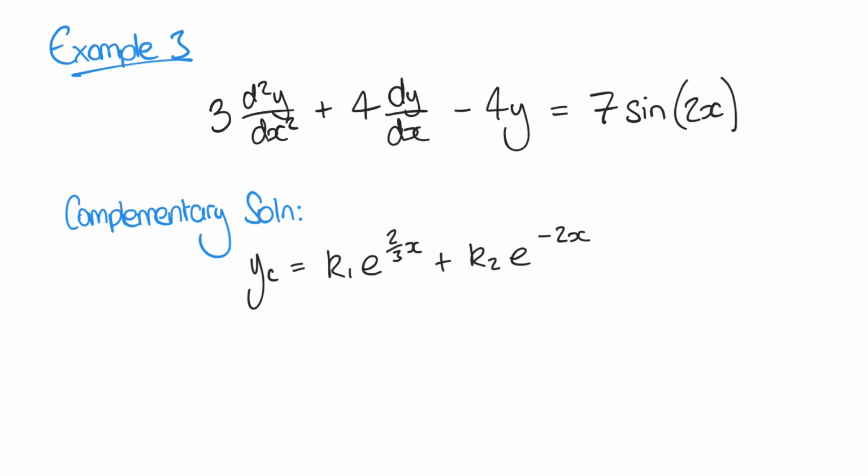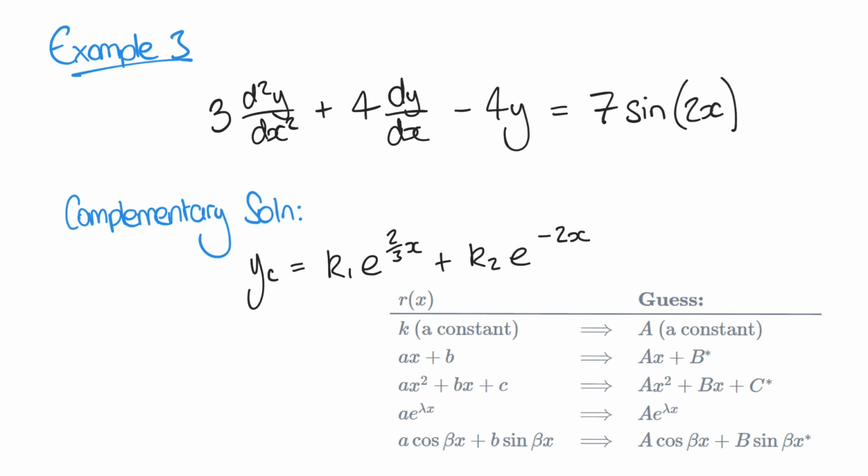Step 2, on the other hand, we now have a function of Rx taking the form of 7 sine 2x. And so our most appropriate guess from the table was this one here, a cos beta x plus b sine beta x.